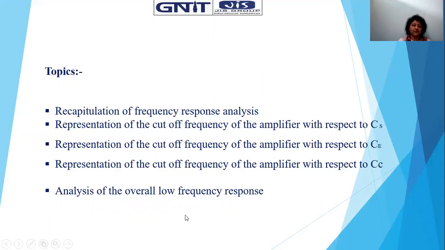And we have to declare what the overall lower cutoff frequency of that amplifier will be. That means we have to sketch the overall low frequency response of the amplifier, and analyze the lower cutoff frequency, so that accordingly we can design the amplifier for a particular range of frequency.